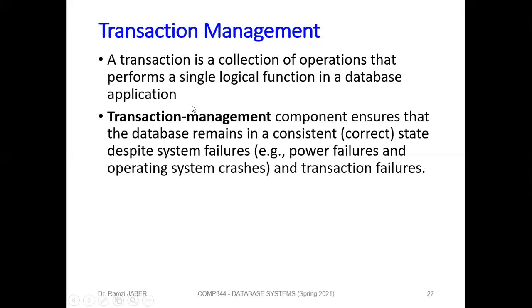This part of the engine, transaction management, is responsible for storing the data in correct form, not interrupted, for example during a power failure or operating system crash. If the computer has a power failure, it is turned off immediately. So the transaction management inside the database engine is responsible for the consistency and accuracy of the data.